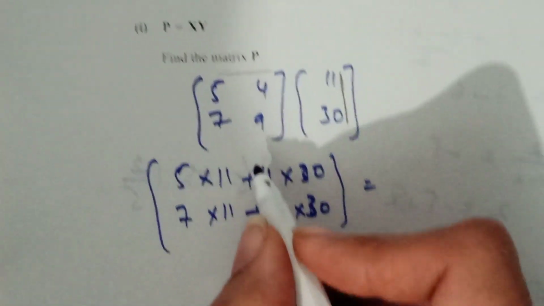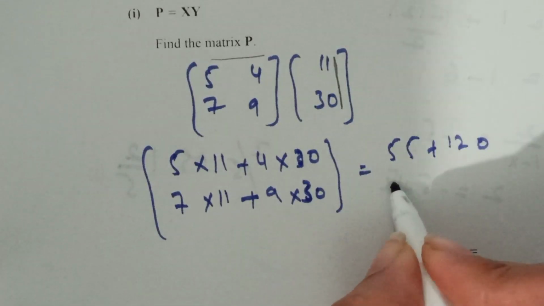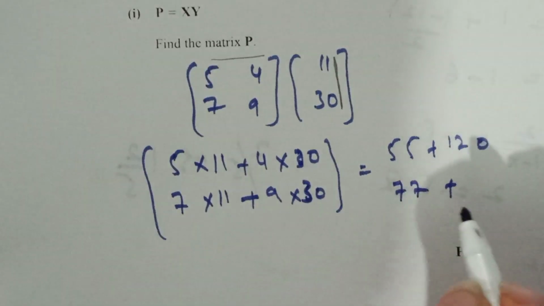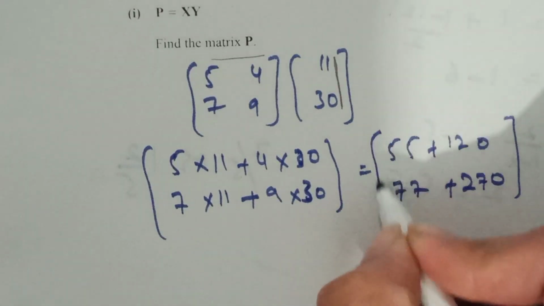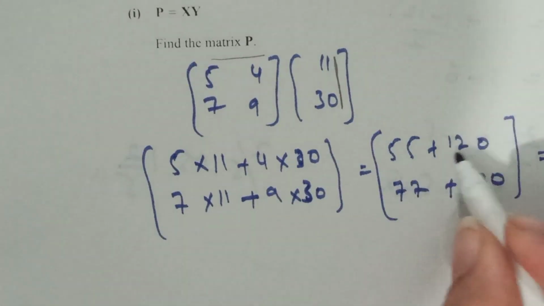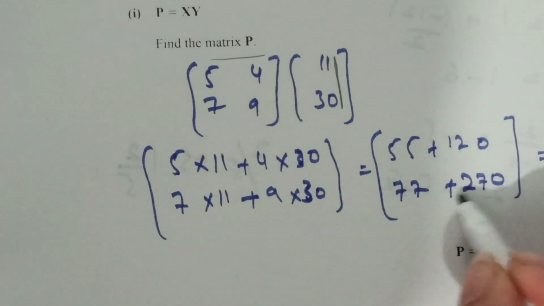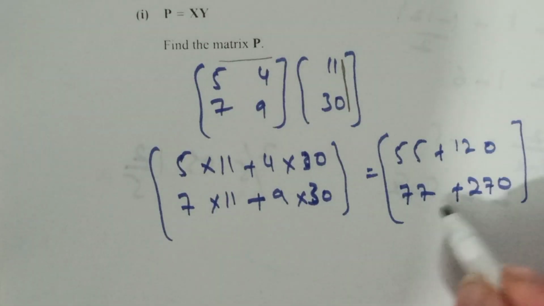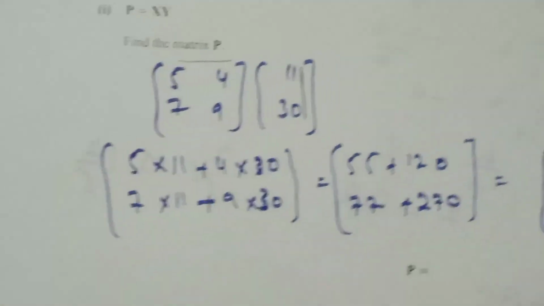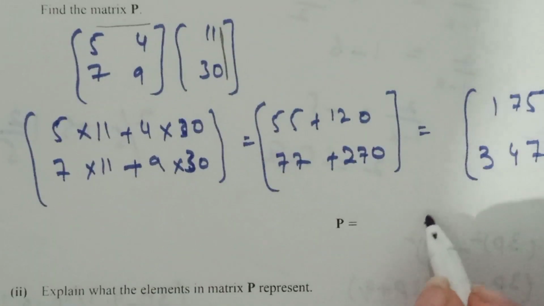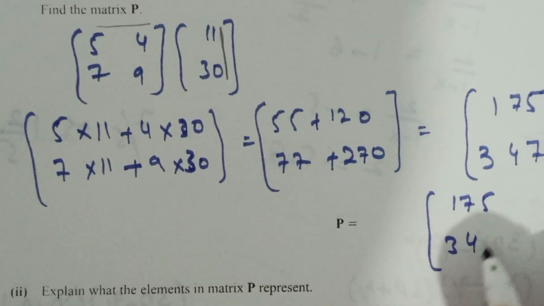By solving it, I get 55 plus 120 over 77 plus 270. By adding it, we get 175 and 347. Now students, this is the matrix which we have to find, 175 and 347.